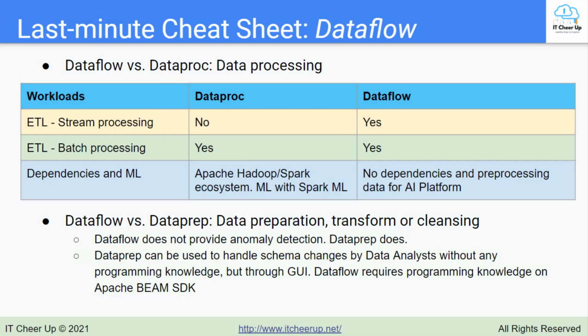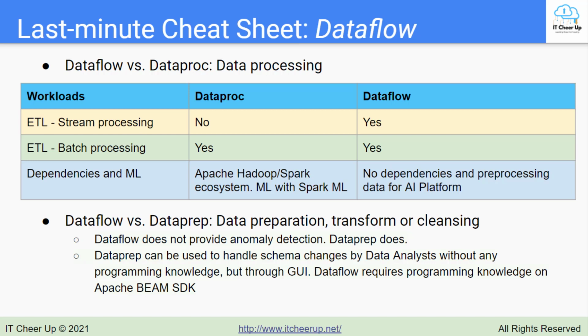Now let's do a comparison of Dataflow and Dataproc. Both are data processing services from Google Cloud. Cloud Dataproc is recommended for existing Hadoop Spark applications, machine learning and data science ecosystems, or large batch jobs with preemptible VMs.